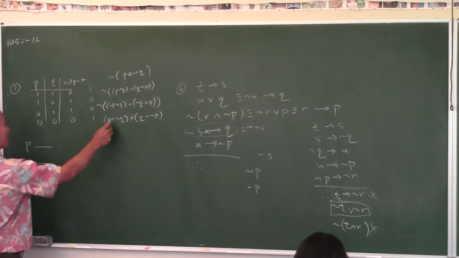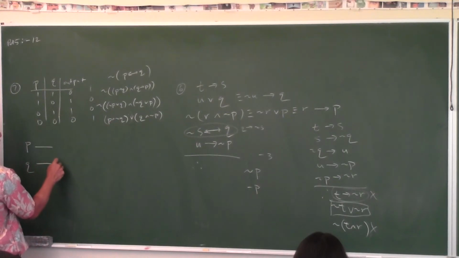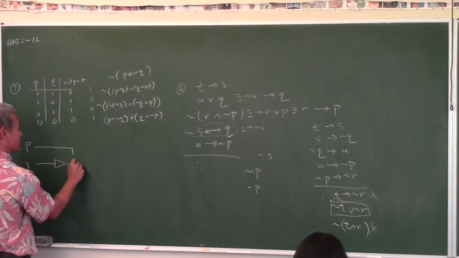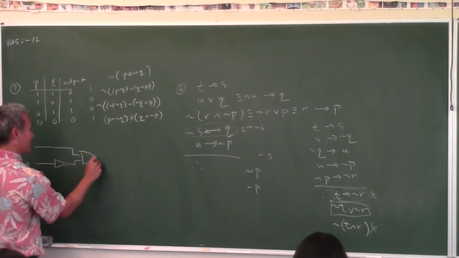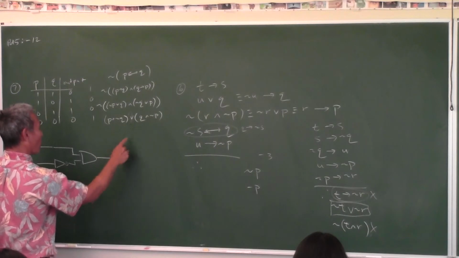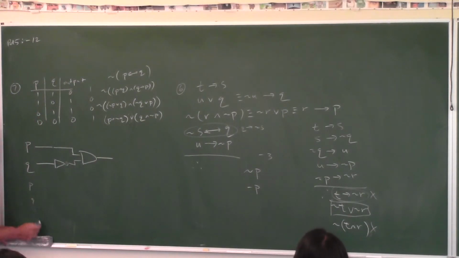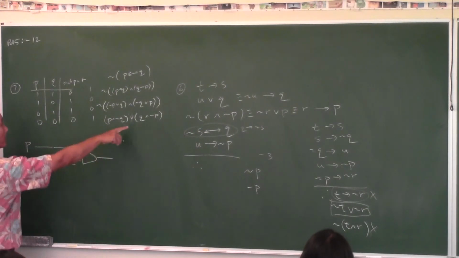So how do I do this? P gets ANDed with not Q, so Q gets negated, and then it gets ANDed with P, and then it gets ORed with Q and not P. Every year there are students drawing another P and Q. No, there are only 2 inputs, you plug them in.